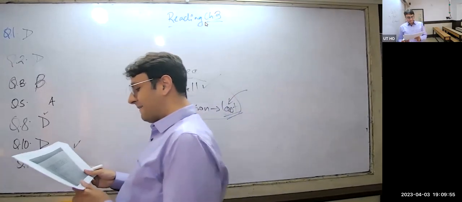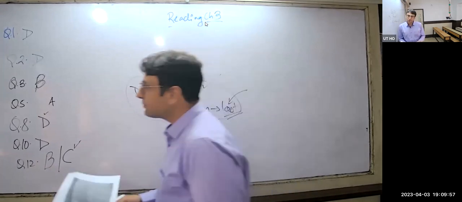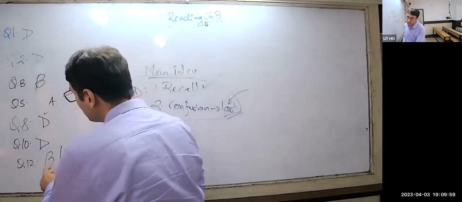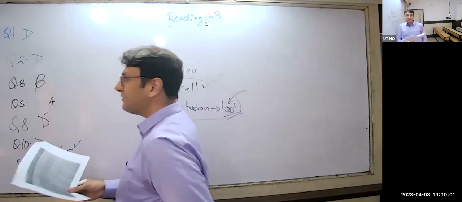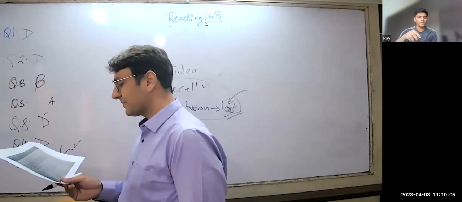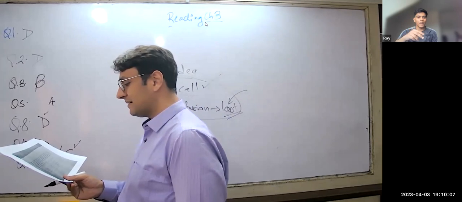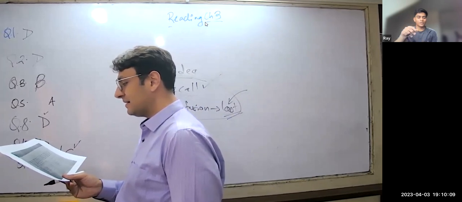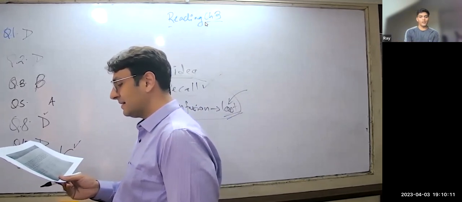Correct. So what was the problem with B? Why didn't you go with B? What gave away B? It says many of the genres addressed by many of the genres, something like that.